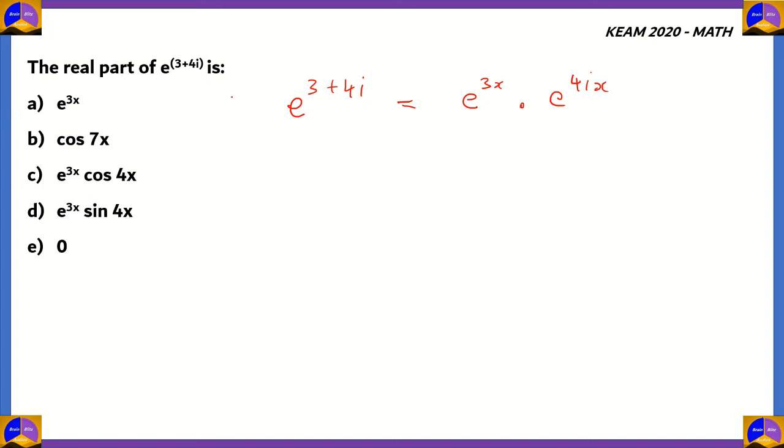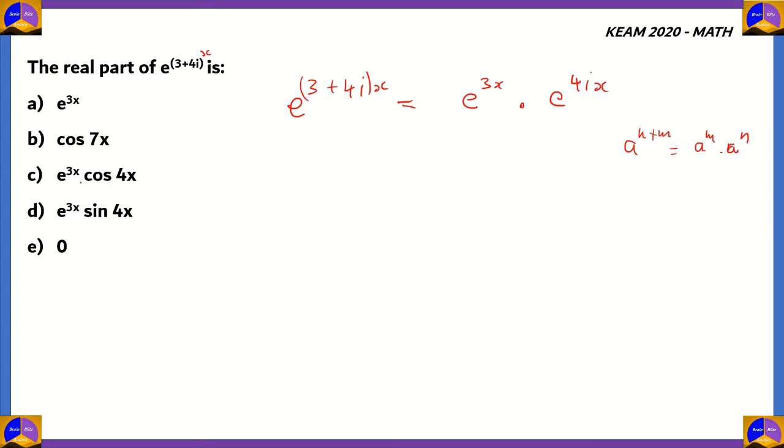So basically we have to multiply an x here so that we can get an answer. The reason why we were able to do that is because x can be multiplied to both 3 and 4i, and then 3x plus 4ix in the exponent means that it will be e raised to 3x times e raised to 4ix. So basically we are using a raised to m plus n as a raised to m into a raised to n, the law of exponents.